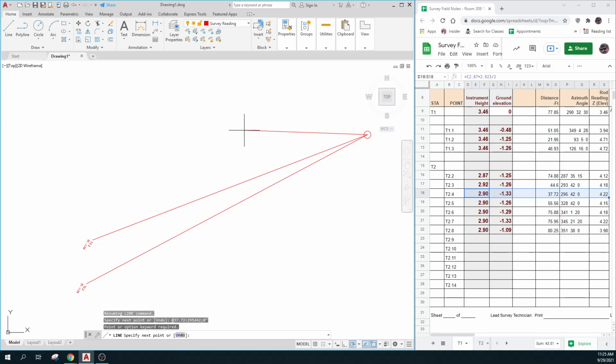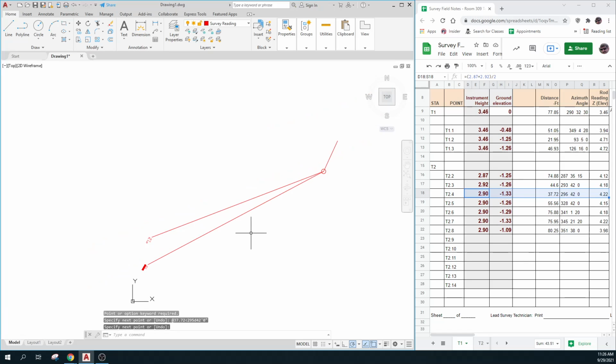Oh, I typoed. At 37.72 at an angle 295 degrees, 42 minutes and 0 seconds. There we go. Not sure that one's going quite the right place. We'll have to see.